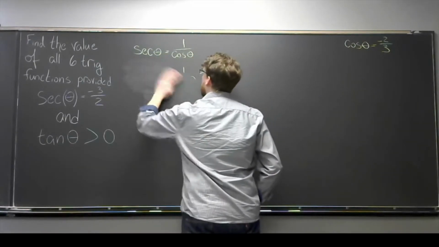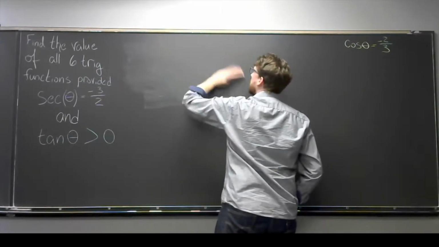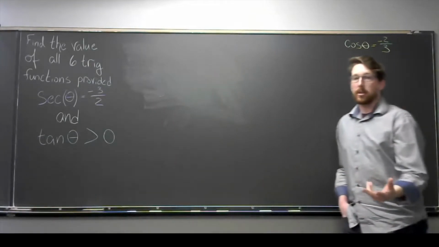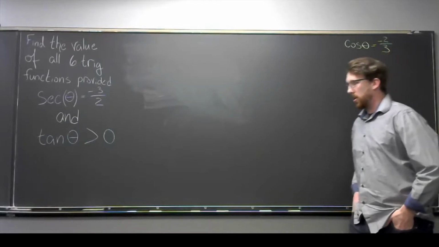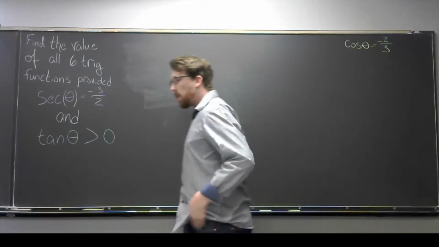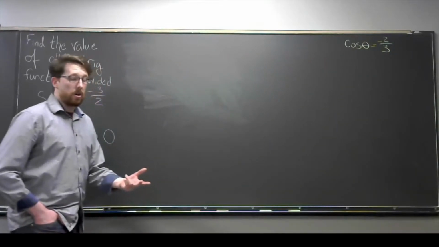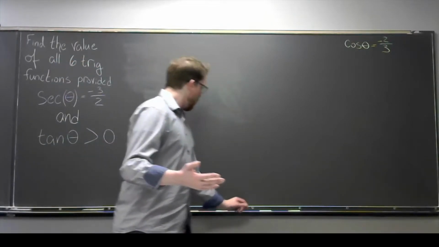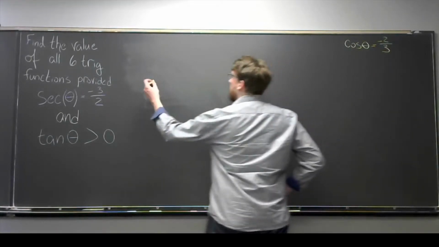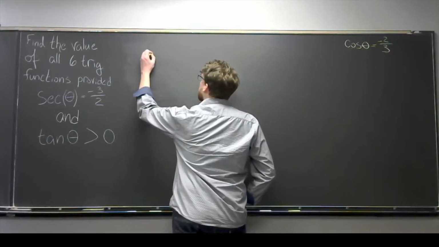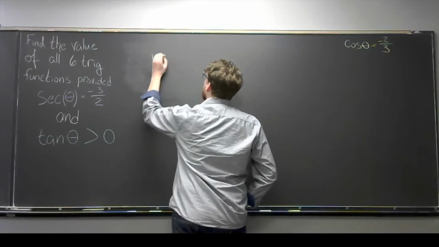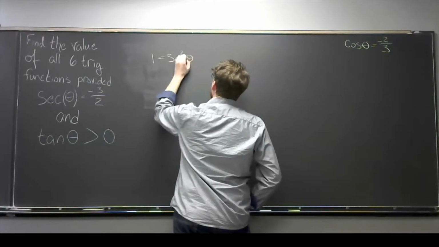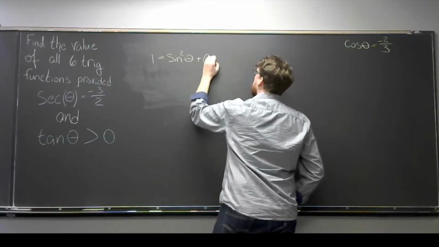All right, so now we need to find sine, cosecant, tangent, and cotangent. How are we going to do that? Well, we can start by using the Pythagorean theorem, right? Or, the Pythagorean identity, which states that 1 is equal to sine squared plus cosine squared.